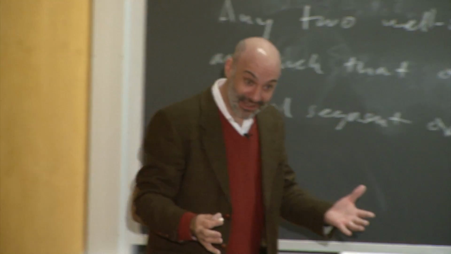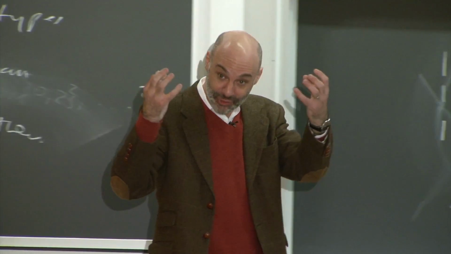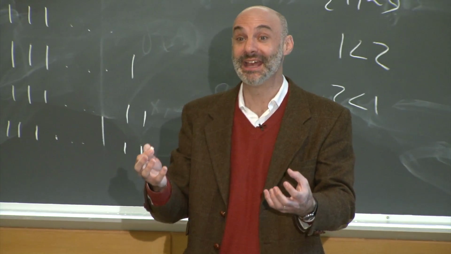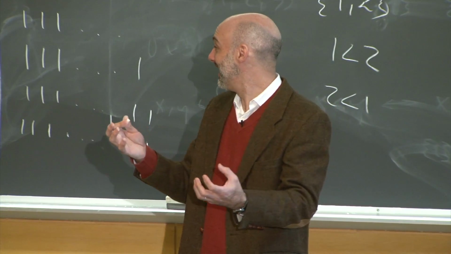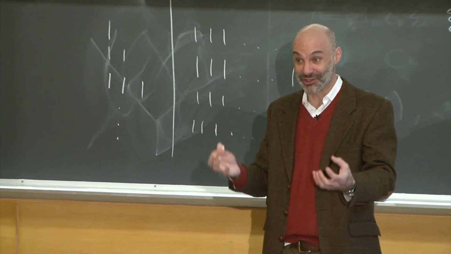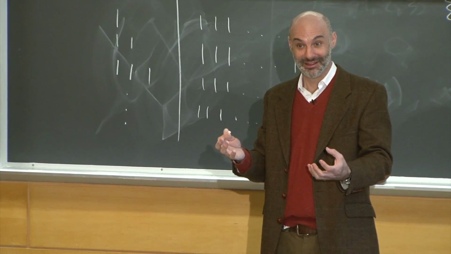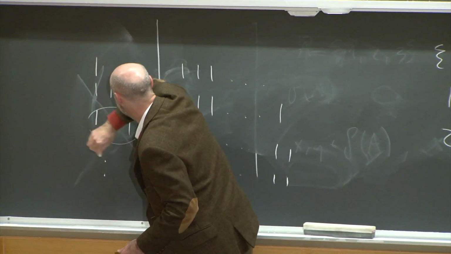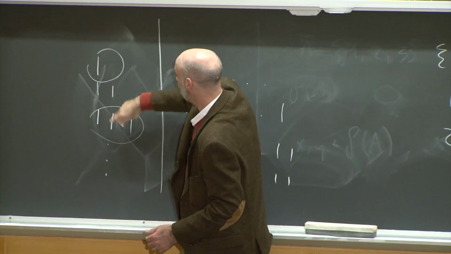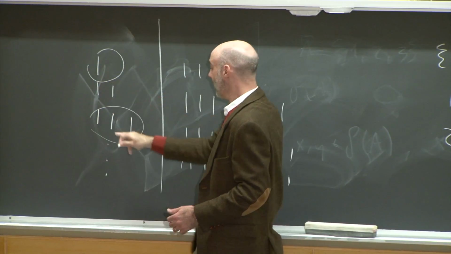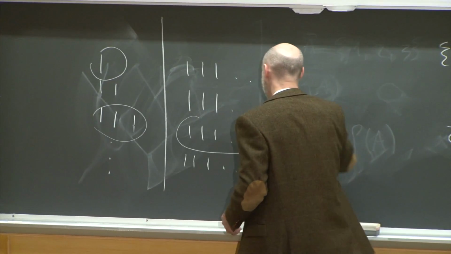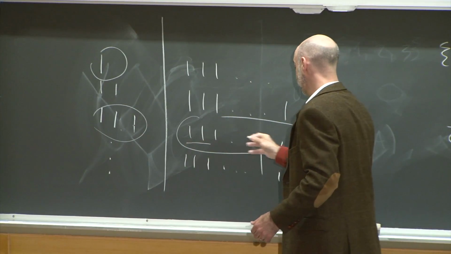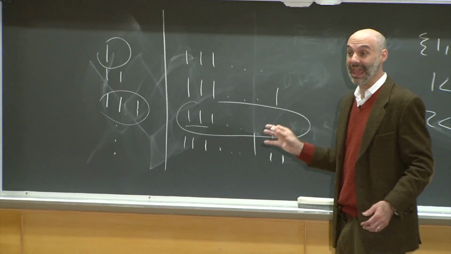If you have two well-ordered types, you can say that the smaller one is whichever one is an initial segment of the other. So you can say that, for example, you take these two, that one's smaller because this one is an initial segment of that. And if you take this one and that one, you can say that this one's smaller because it's an initial segment of that one, and so forth.